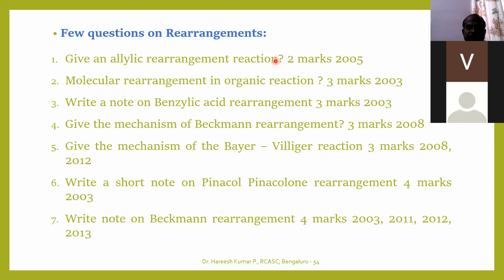Since it is asked for only 2 marks. And one more thing, allylic usually will be asked for 2 marks only, not for 3 marks and higher marks. Anyway, if you are looking at molecular rearrangement in organic reactions, all these rearrangements I mentioned, Wagner, Pinnacle, Beckmann, Bayer, Hoffman, are molecular rearrangements.